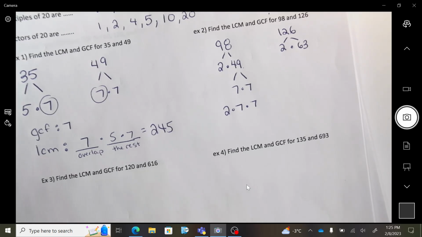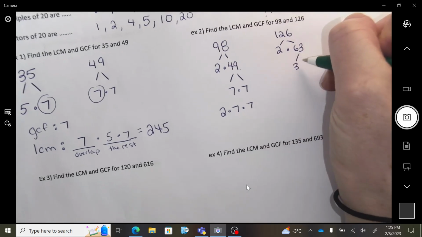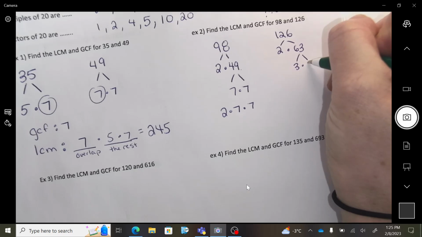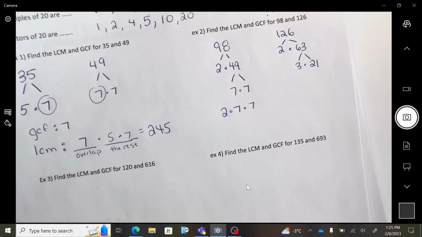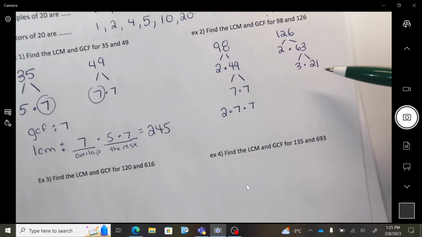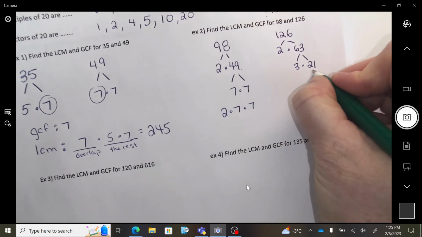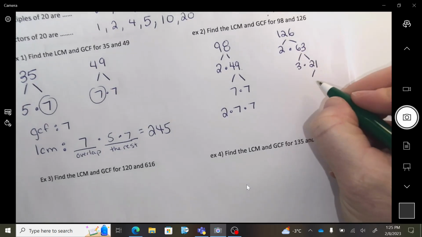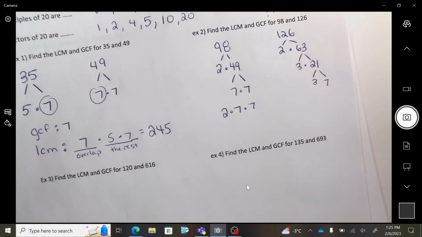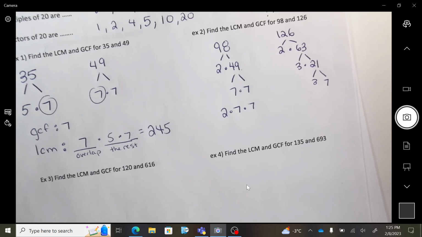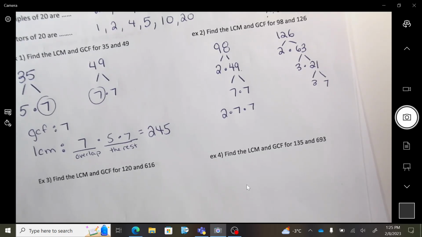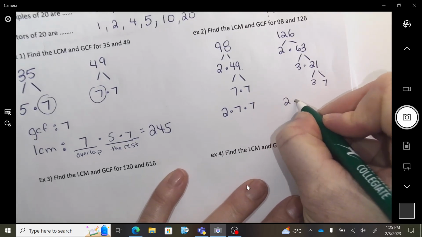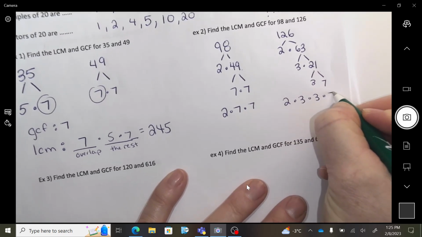And so 3 times would be 21. Okay, what do you want to do with the 21? What can I divide that by? 3? 3 times 7? And I'm done, because I've reached all prime numbers at the bottom. So 2 times 3 times 3 times 7.